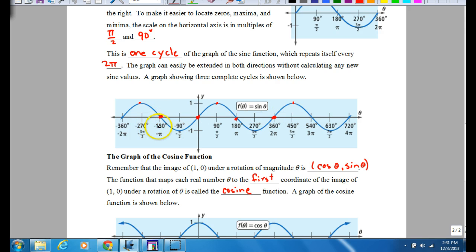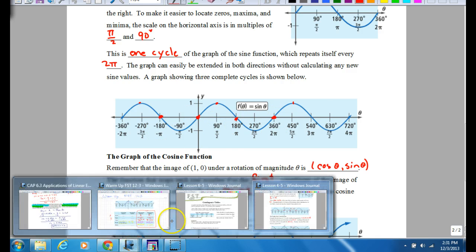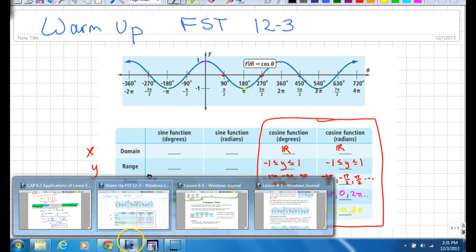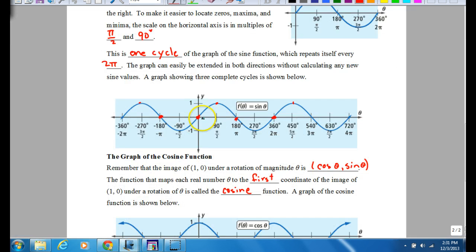The zeros are here at -180, 0, 180, 360. So if you write that down on this, I already forgot it. Yeah, 0, -180, 180.